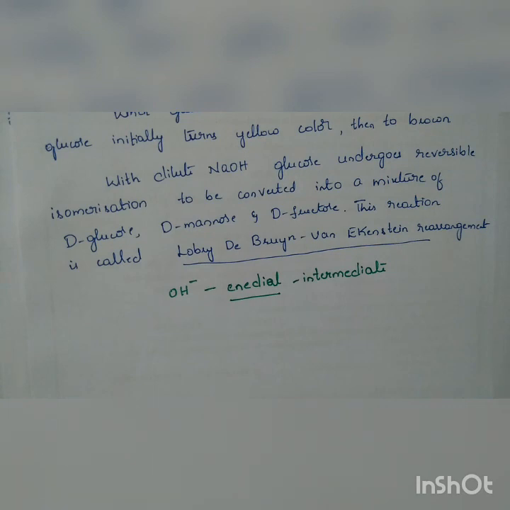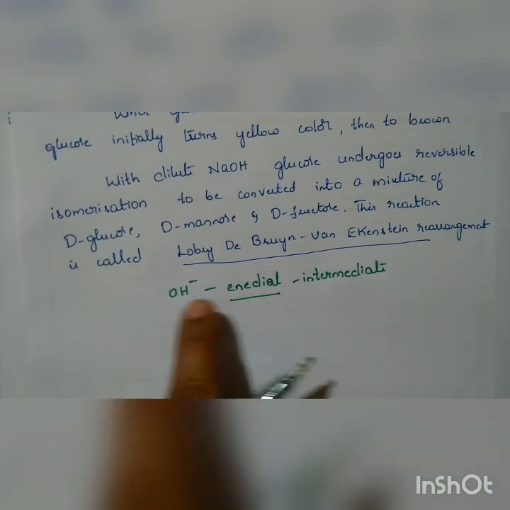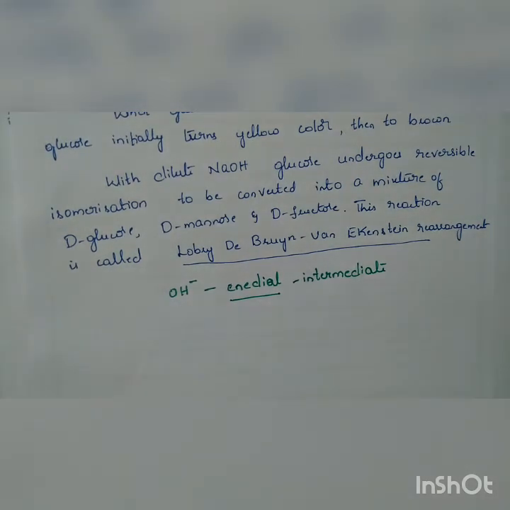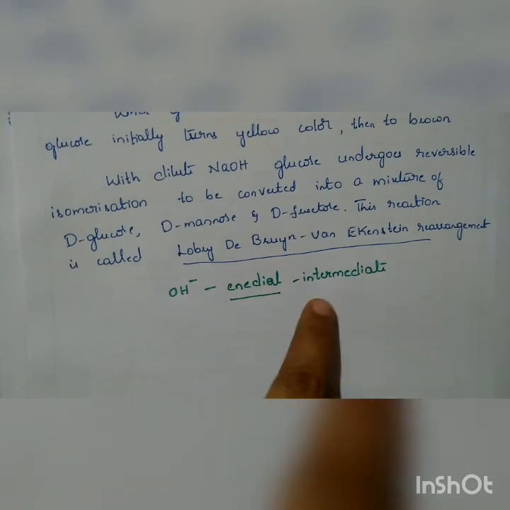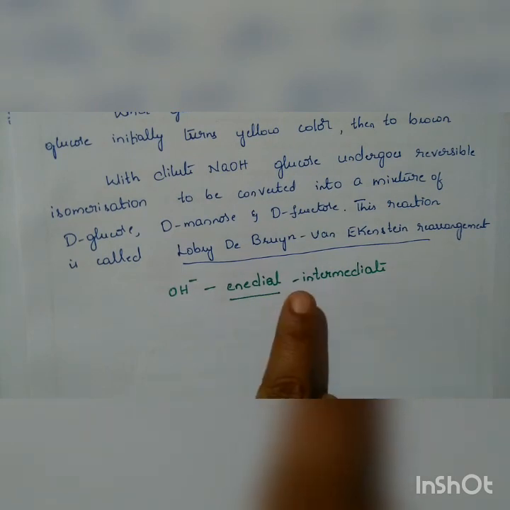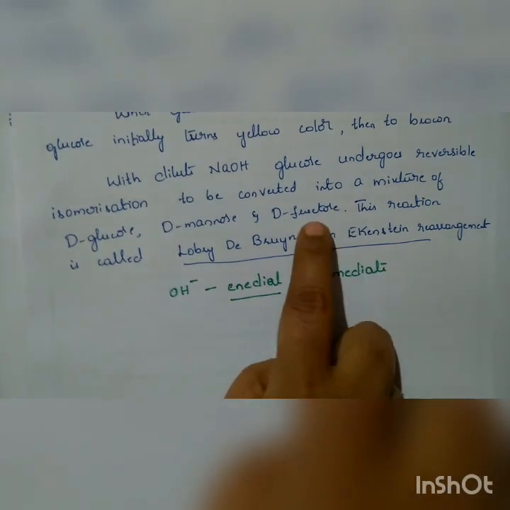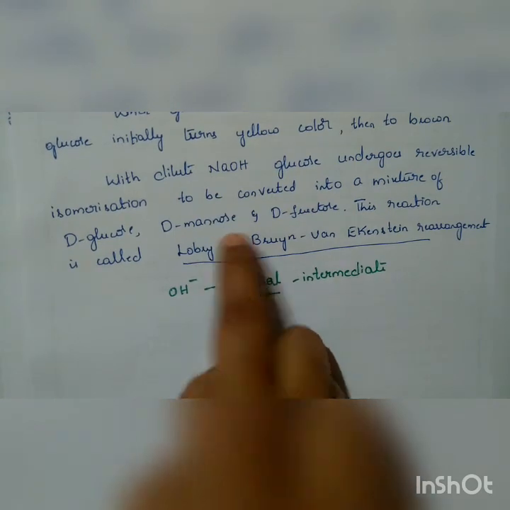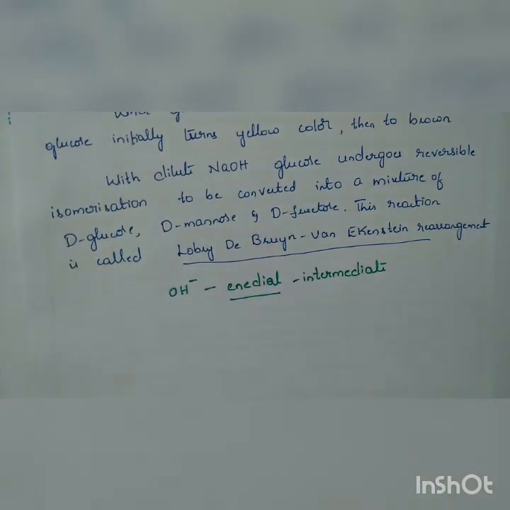It happens only in the presence of a basic medium. This intermediate will form and rearrange itself to form either fructose, mannose, or from mannose to glucose again. So the basic medium plays a very important role here in the isomerization reaction.